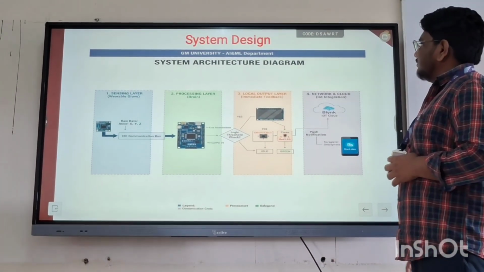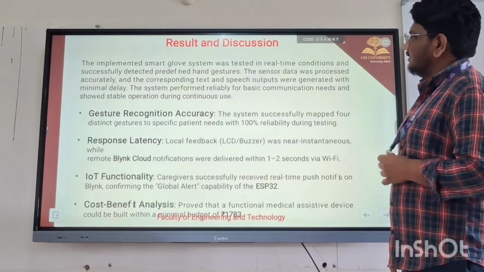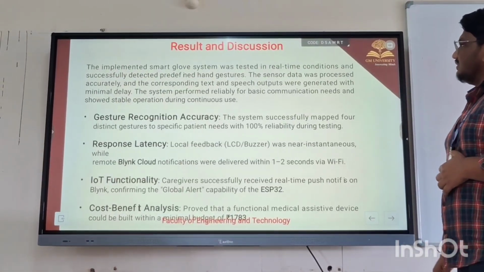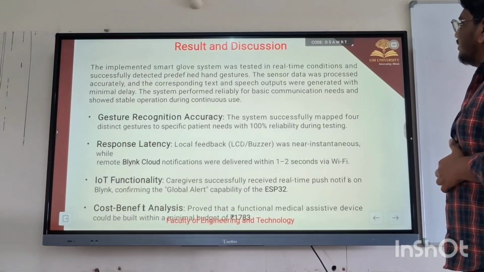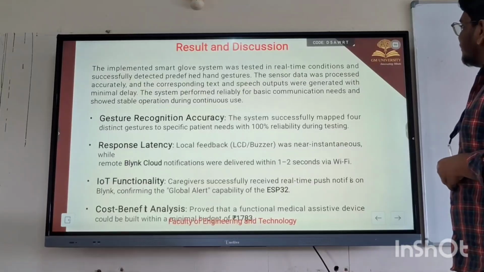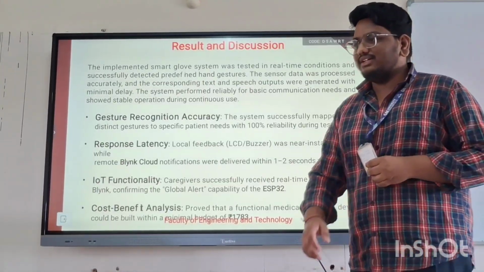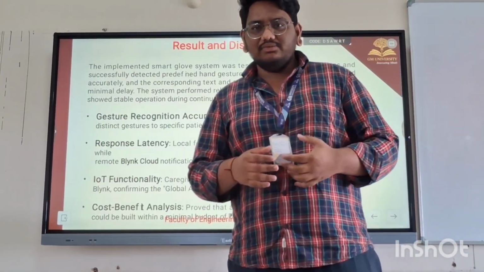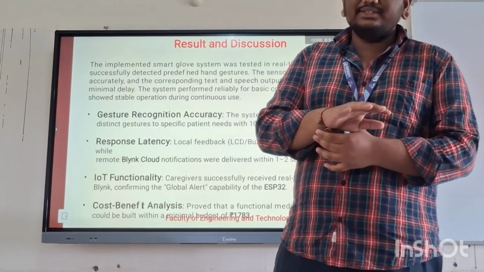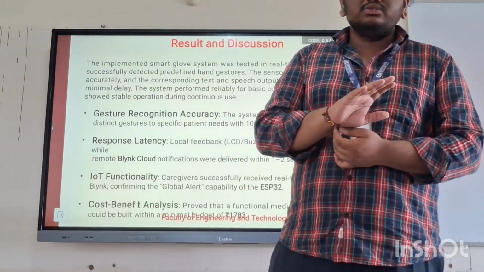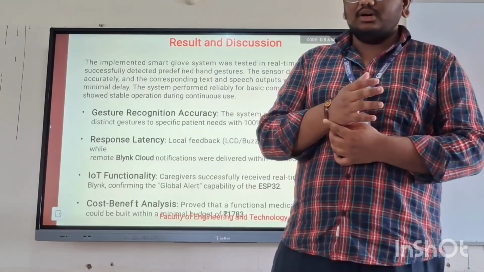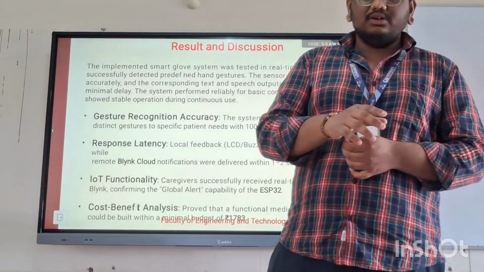And the next one, result and discussion. The implemented smart glove system was tested in real-time conditions. We successfully compiled this, and we used it on our hands, and when we tilted it, it showed a real-time output, which we can see in our video.